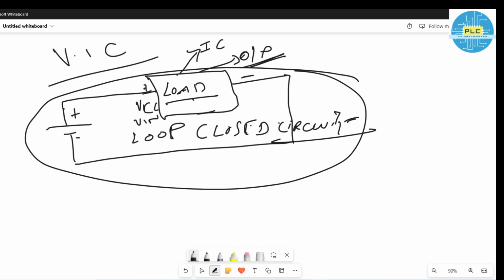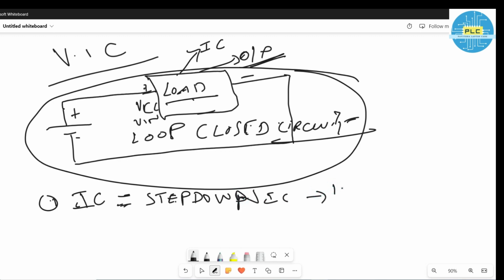For example, if IC number 1 is a step down IC, then it accepts 19.5 volts in a loop and converts it to 3.3 volts and to 3 volts LDO.